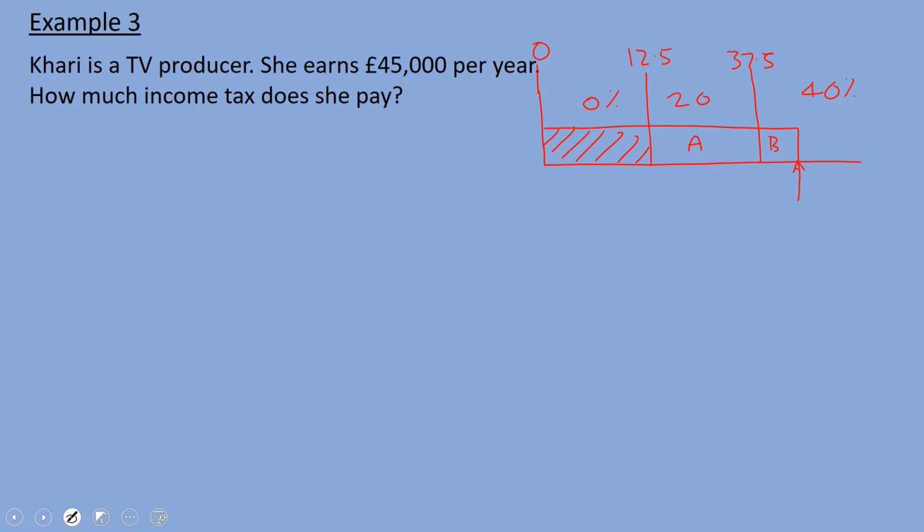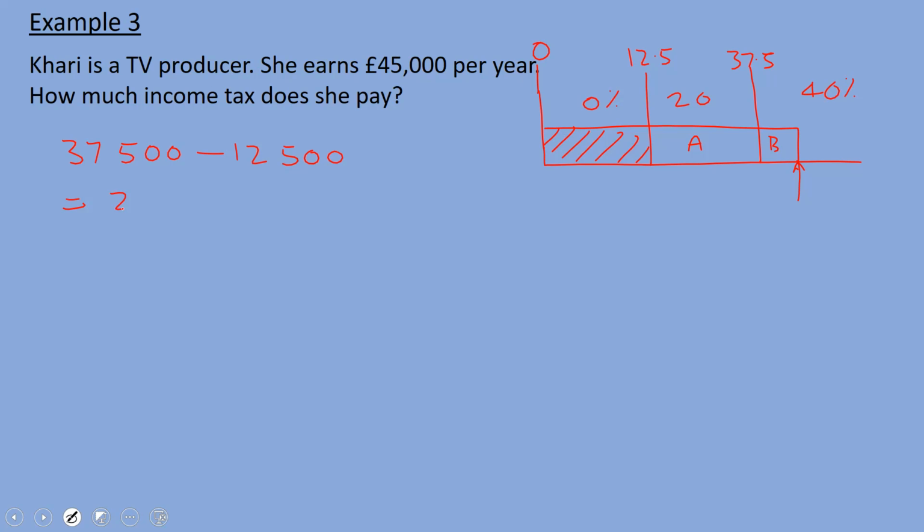So we're going to look at section A first, our 20% tax. So we're saying 37,500, which is the top of that tax band, take away 12,500, which is our tax-free allowance.